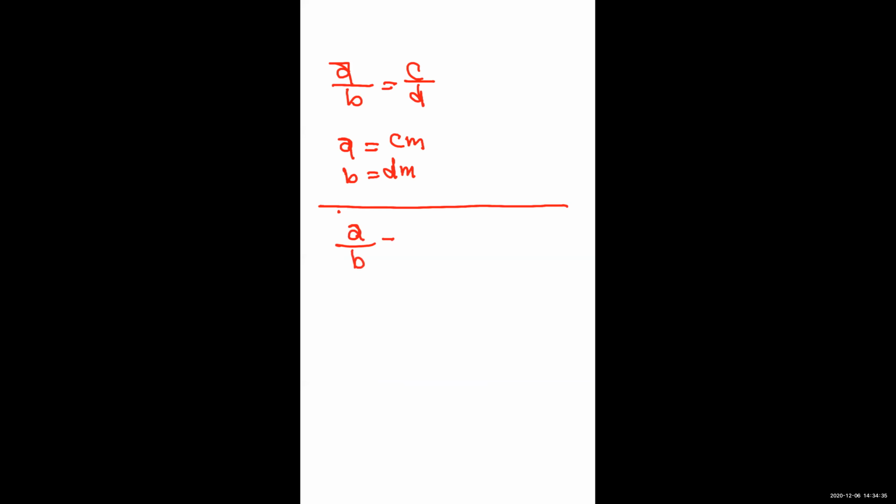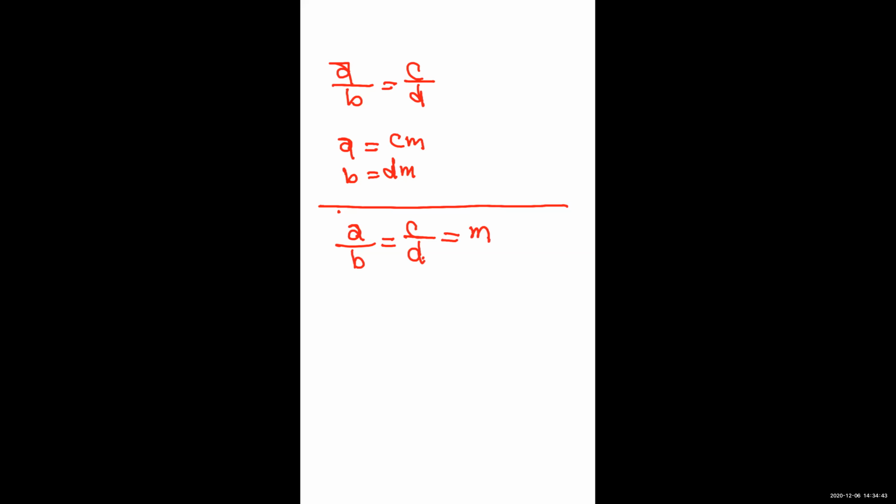So this is in case A over B equals C over D. So A will equal CM and B will equal DM. Okay, the new point. If A, B, C, D are proportional quantities, so A over B equals C over D, and also it will equal M, this constant.